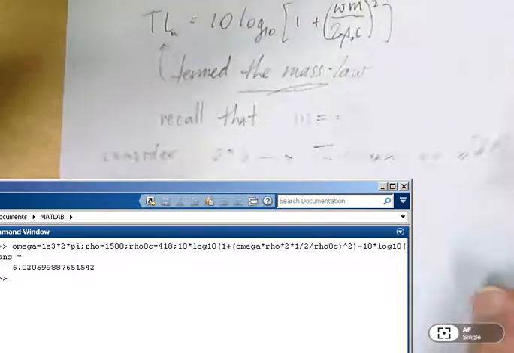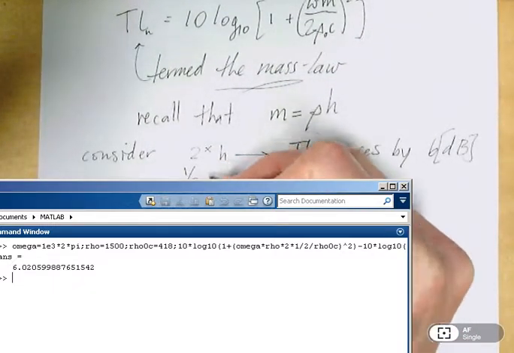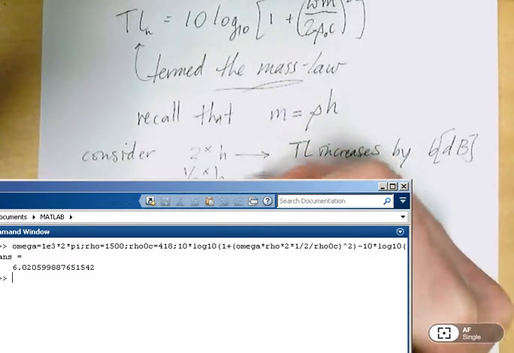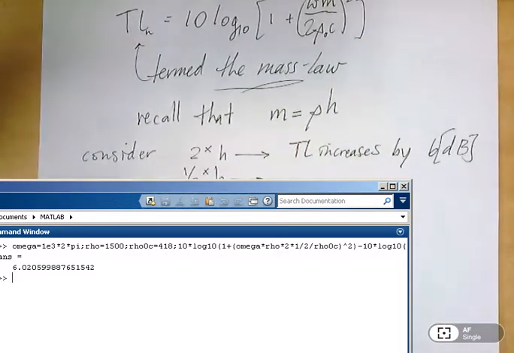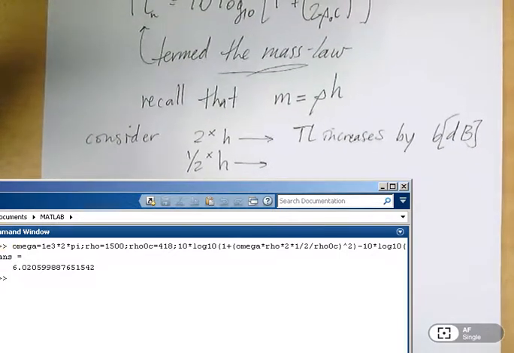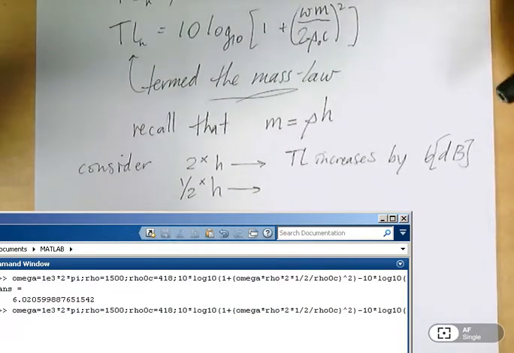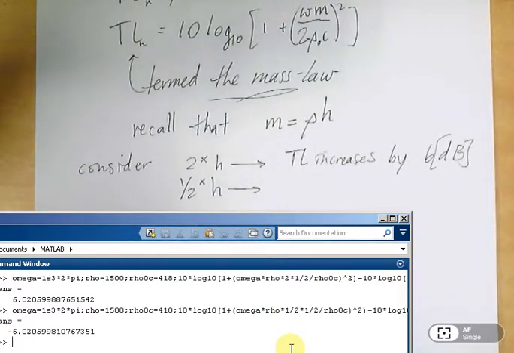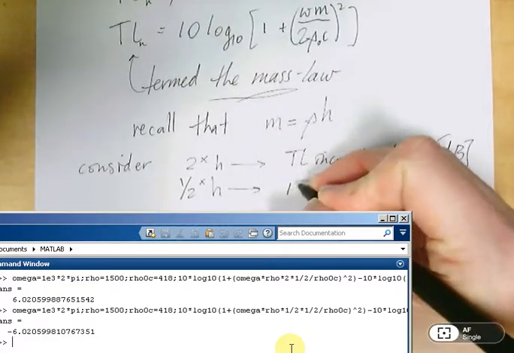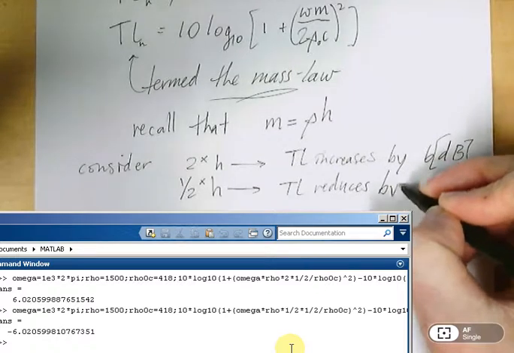Now, what if we cut this in half? How then does that change our transmission loss? Well, we can come back here to MATLAB again and bring up the same thing and say 1/2, and we have a -6, so the TL reduces by 6 decibels.